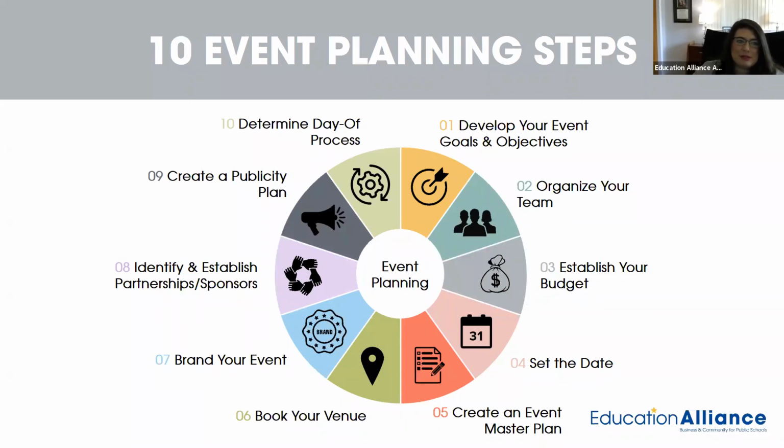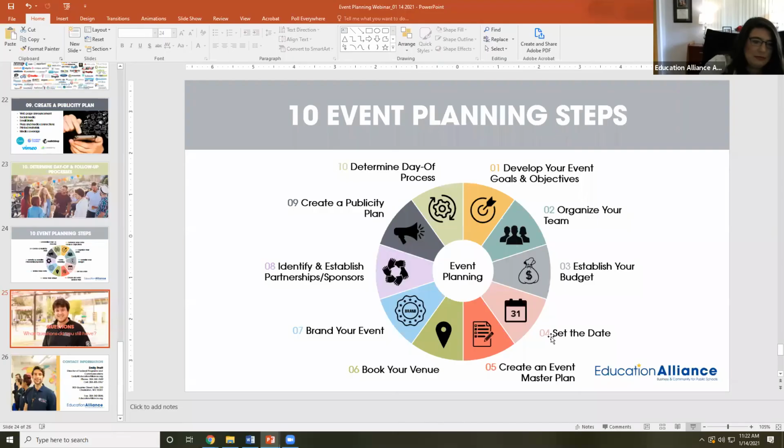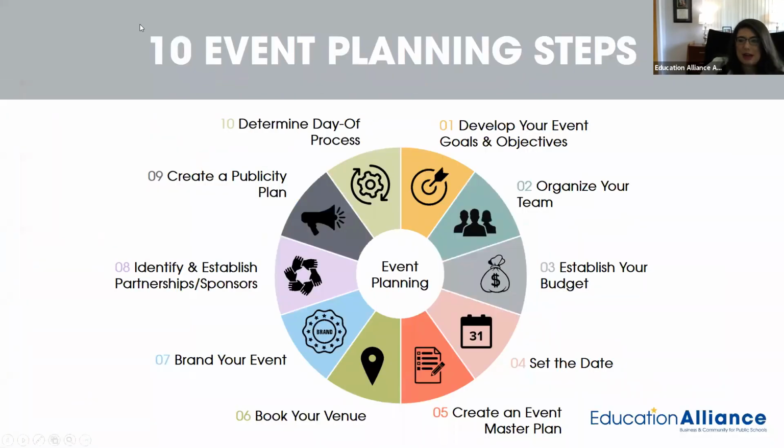Developing your goals and objectives, organizing your team, establishing your budget, setting your date, creating your event master plan, booking your venue, branding your event, identifying partners and sponsors, creating a publicity plan, and then determining drop-off processes. So that concludes our discussion for today.